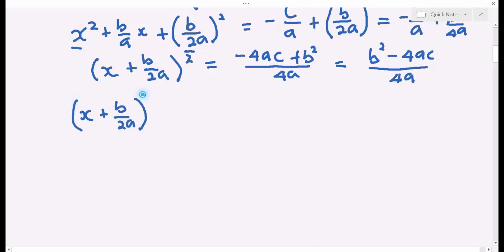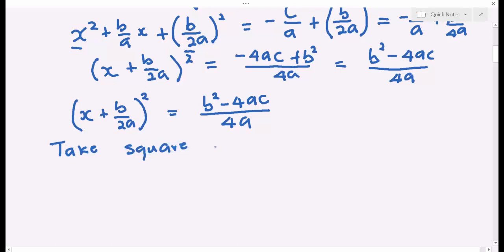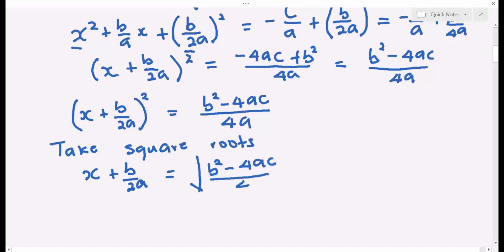So we have x plus b over 2a squared is equal to b squared minus 4ac over 4a. Take the square root of both sides. We're going to have x plus b over 2a is equal to the square root of b squared minus 4ac over 4a.